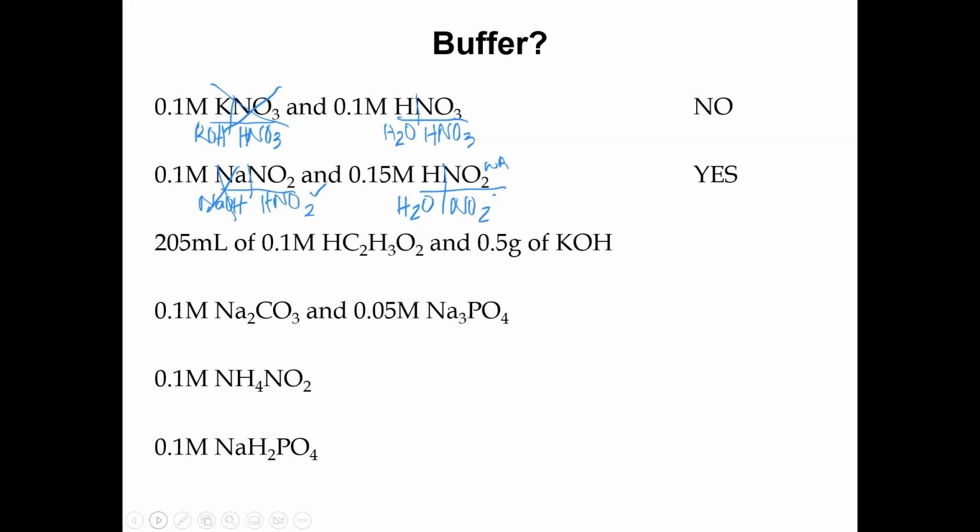Looking at the next one, we have acetic acid and potassium hydroxide. Acetic acid can react with hydroxide, and the acetate ion can produce acetic acid, which is a weak acid, so that's okay.